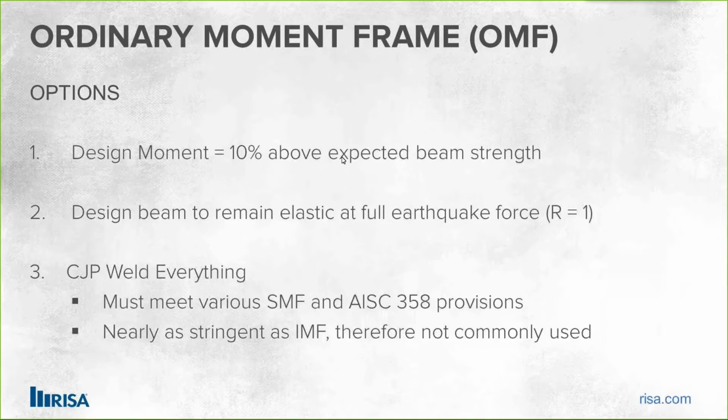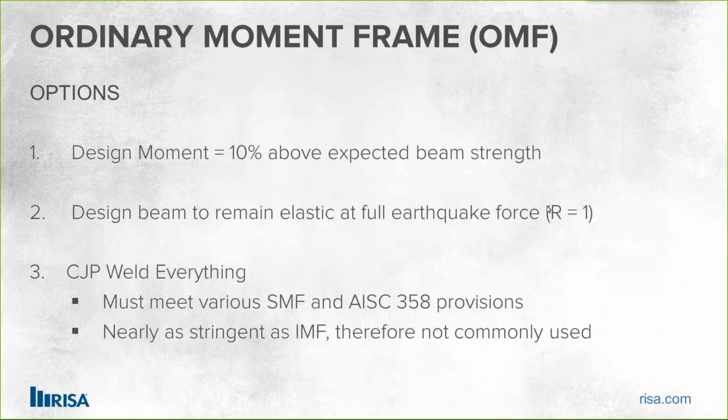The second option is to design the beam to remain elastic at full earthquake force. Now, this is rare. Keep in mind that an R equals 3, essentially, because that's in the denominator, is reducing the base shear for the seismic design to be 1/3 of what the earthquakes will be. And that's to account for the fact that there will be some amount of ductility in the system. Something's going to yield somewhere that's going to release some energy.